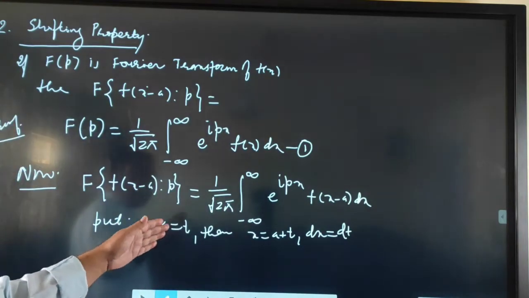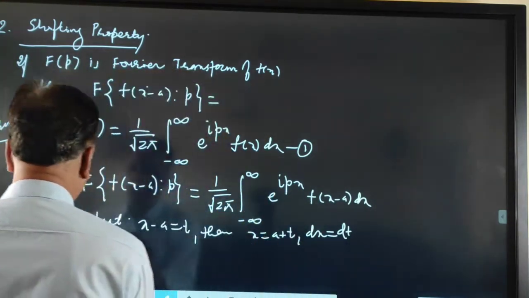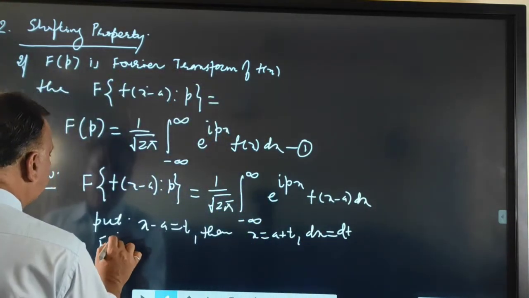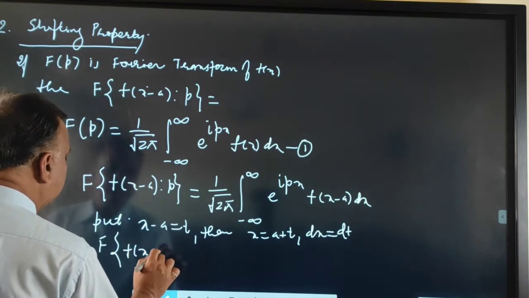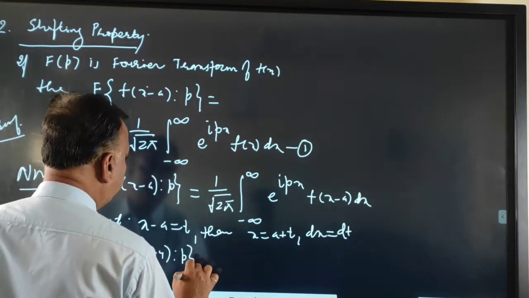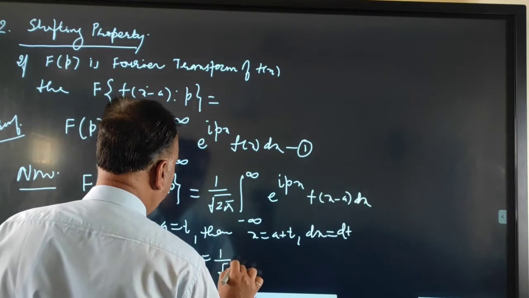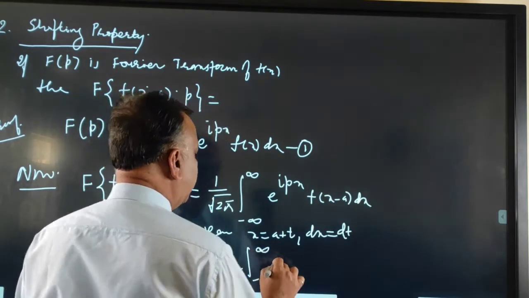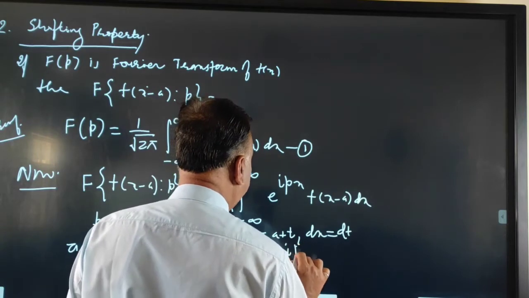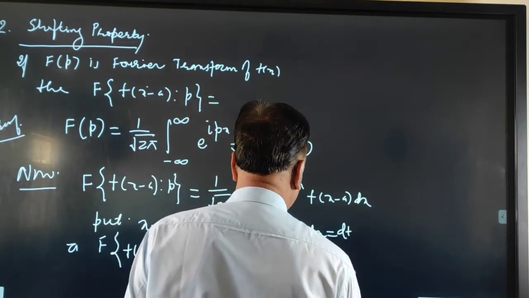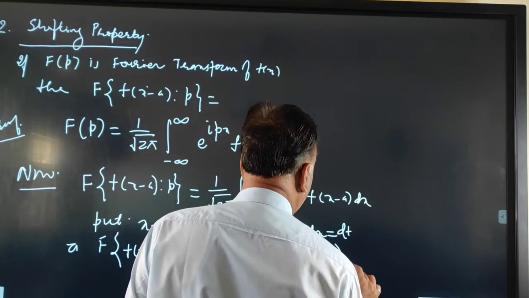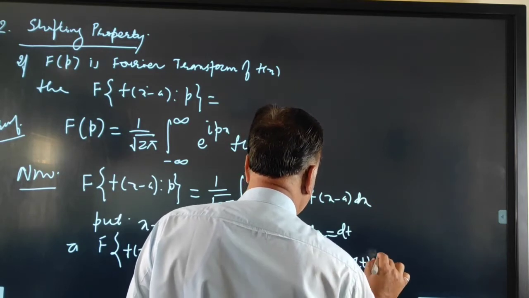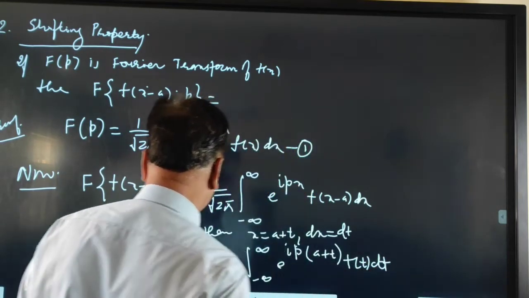So substituting these values in this integral, we get the Fourier transformation of f(x minus a) with respect to p is equal to 1 upon root 2 pi integral from minus infinity to infinity e raised to iota p times (a plus t) f(t) dt.